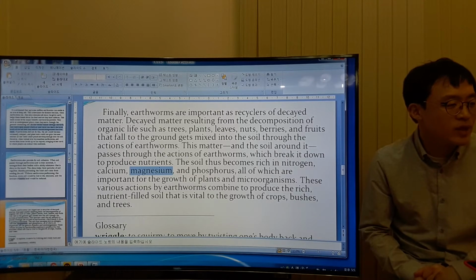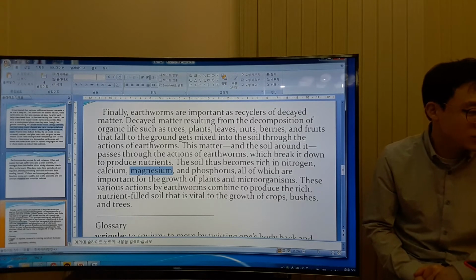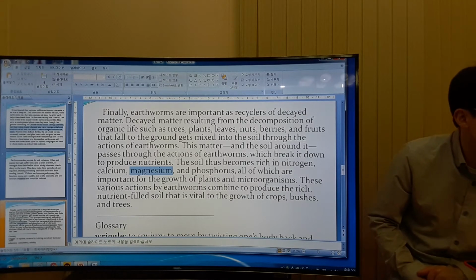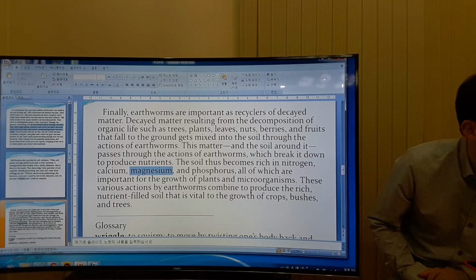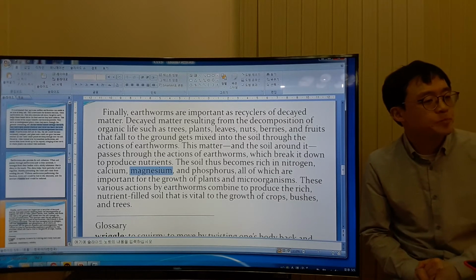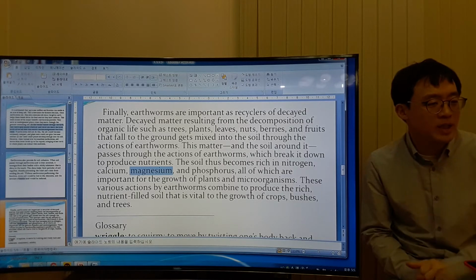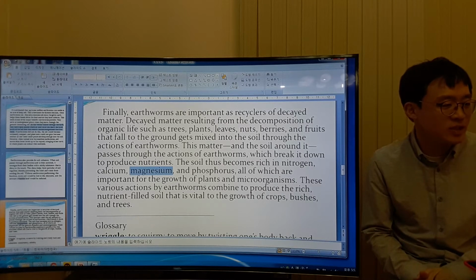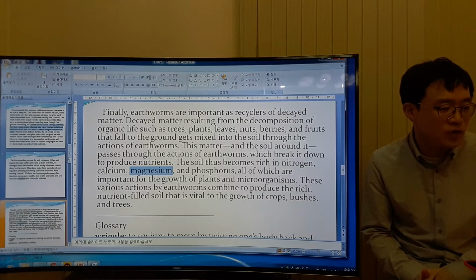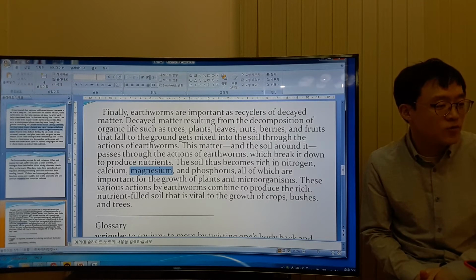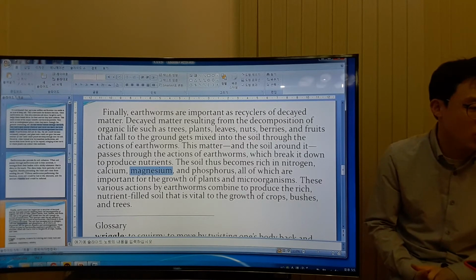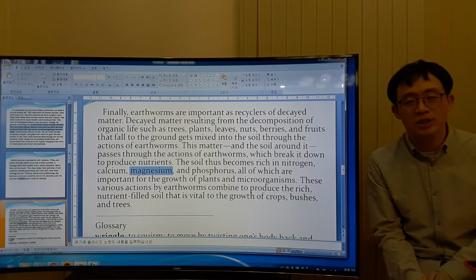It means it's carried by what the earthworms do, and the earthworms break it down to make nutrients. So the soil becomes rich in nitrogen, calcium, magnesium, and phosphorus, which are important for the growth of plants and microorganisms.